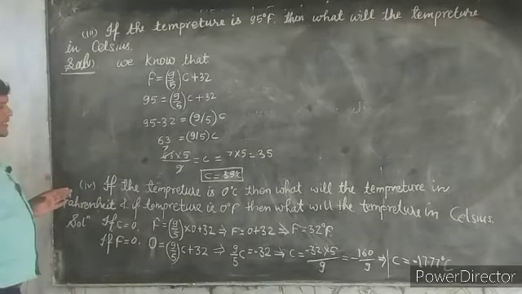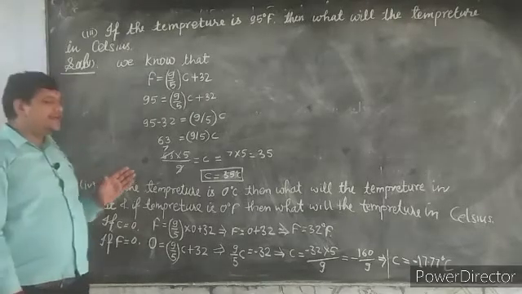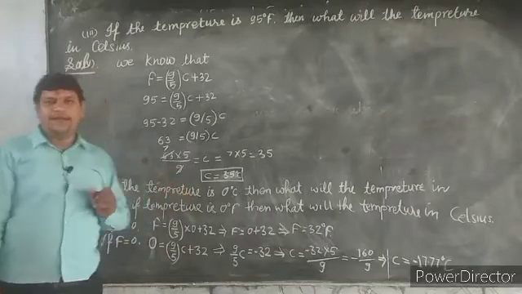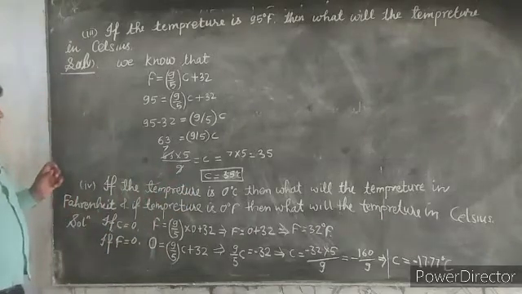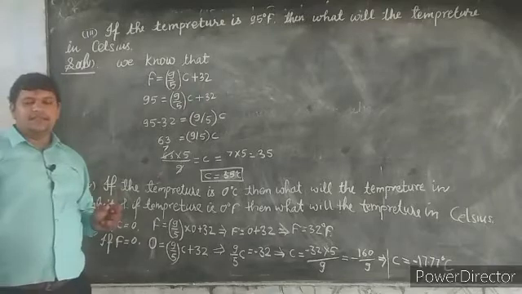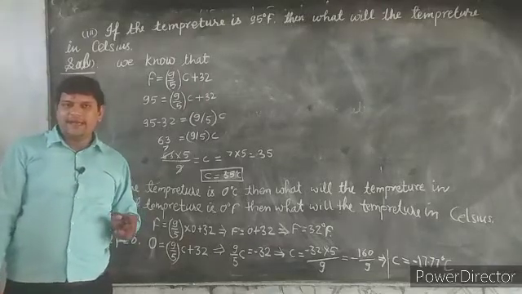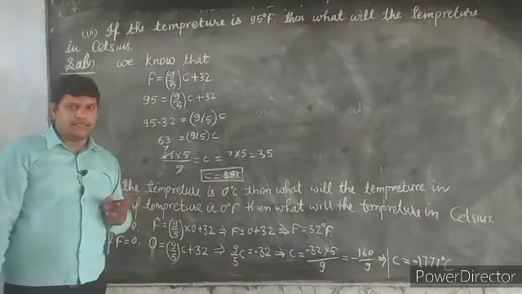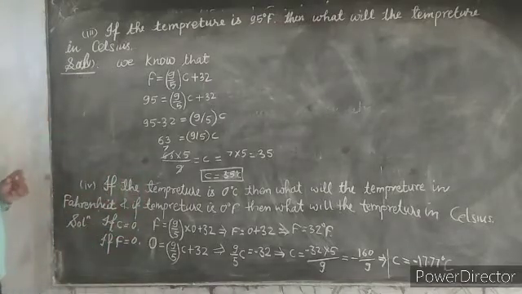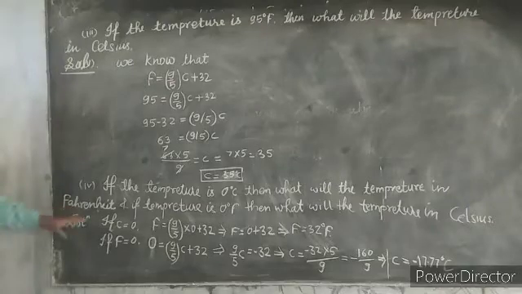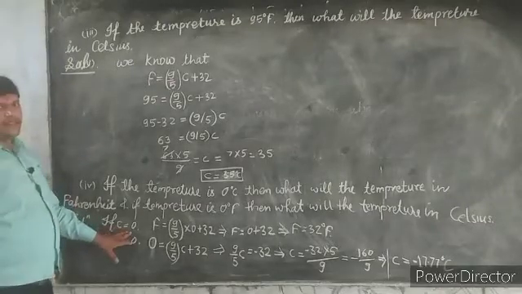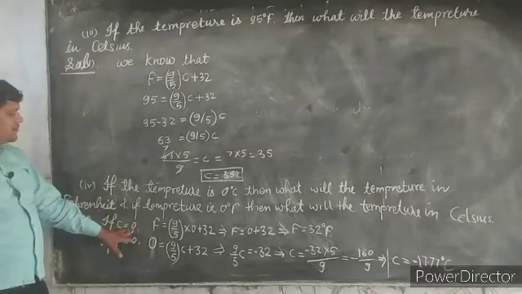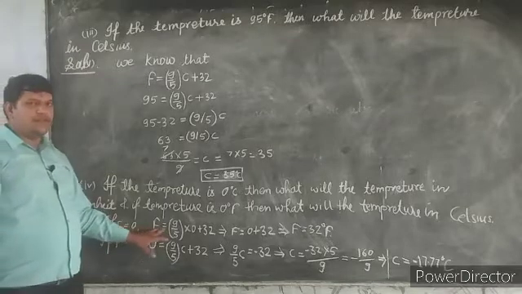And now the fourth part is, if the temperature is 0 degrees centigrade, then what will be the temperature in Fahrenheit? And if the temperature is 0 degrees Fahrenheit, then what will be the temperature in Celsius? So when C is 0, we will use the previous formula.